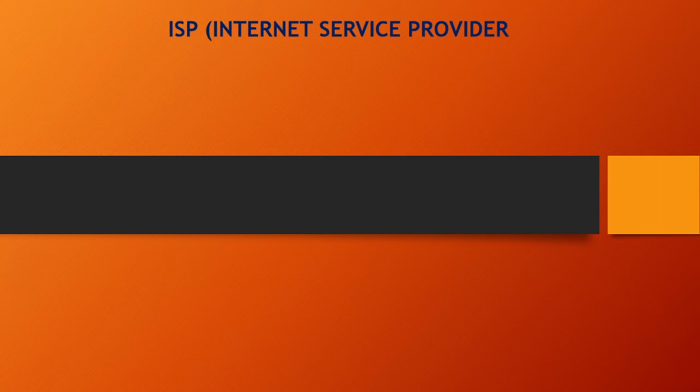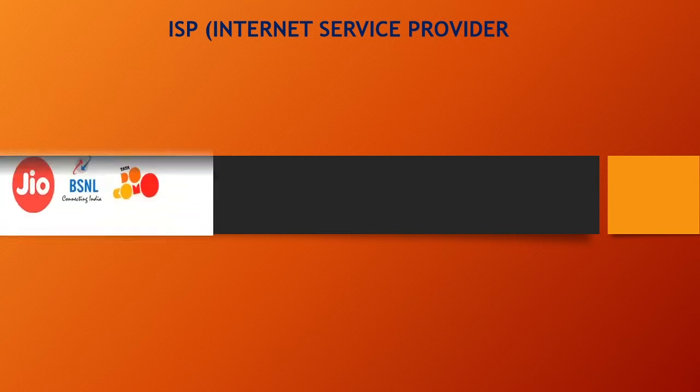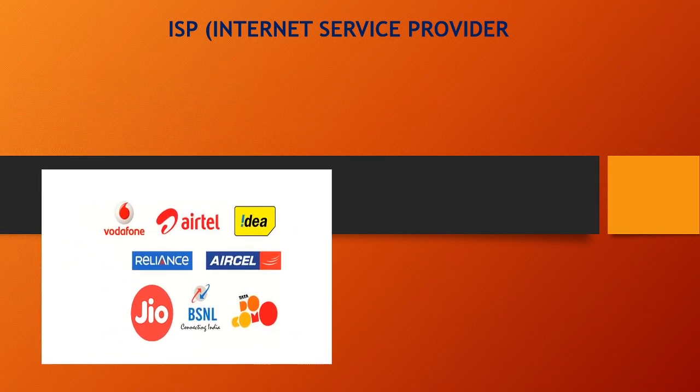Now again, can any one of you tell me what an ISP or an Internet Service Provider is? Now let me show you some examples here. See, Vodafone, Airtel, Idea, Reliance, BSNL, Jio.